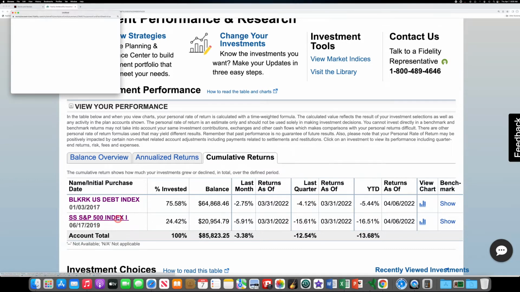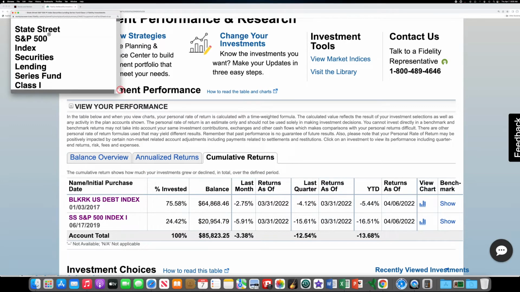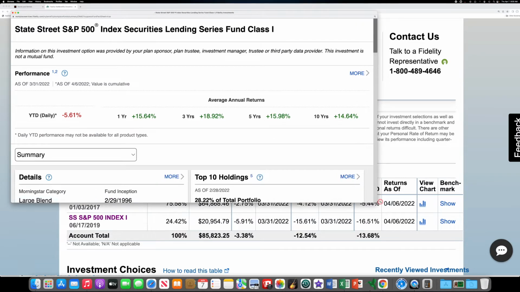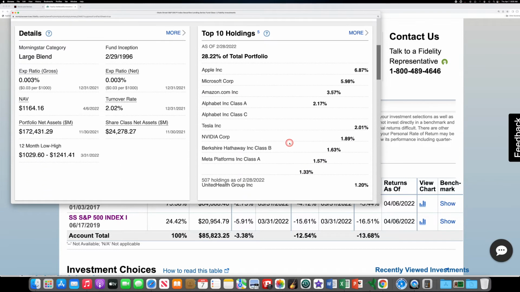Let's open this up and I'll just show you some of the companies that are in this fund. So I am back in the stock market by investing in this fund. I have a little bit of my money in Apple, Microsoft, Amazon, Alphabet, Tesla. I mean, these are the big boys.